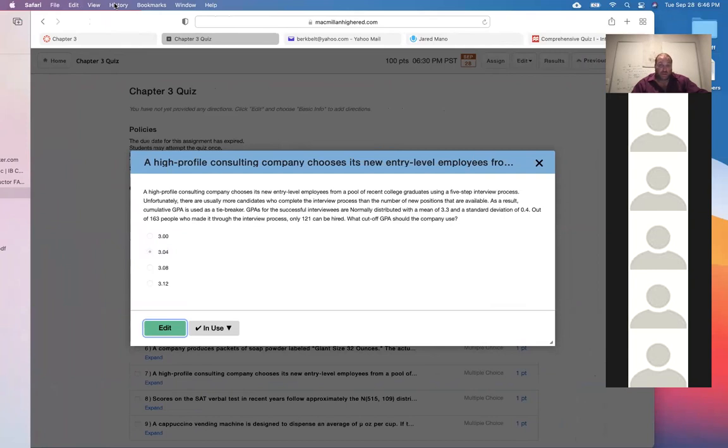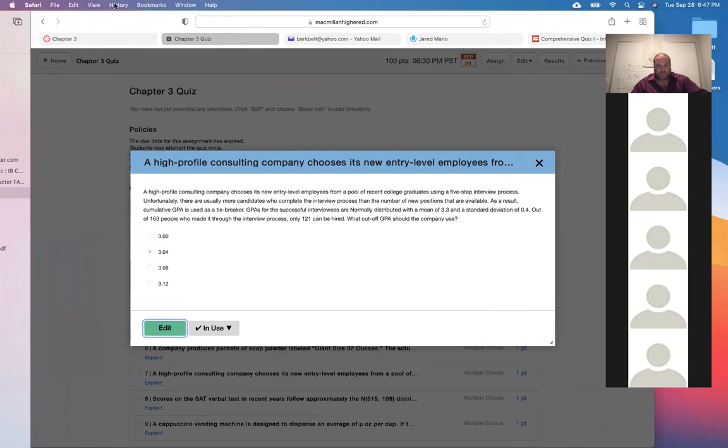Unfortunately, there are usually more candidates who complete the interview process than the number of new positions that are available. As a result, cumulative GPA is used as a tiebreaker.